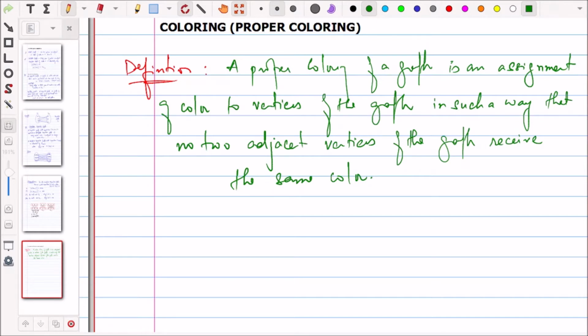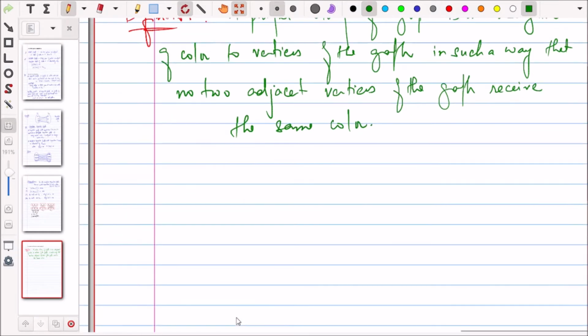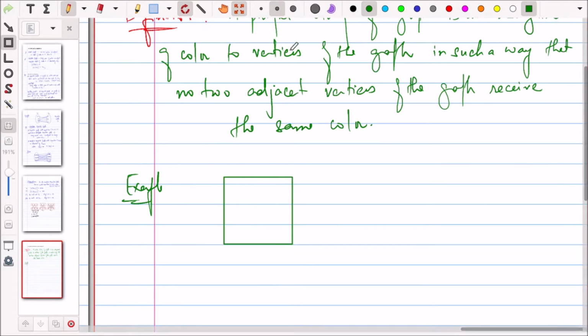Okay, so let us take some examples for this. Example, let me just draw this graph. Let me take this graph where my vertices are this. So I can give a proper coloring.